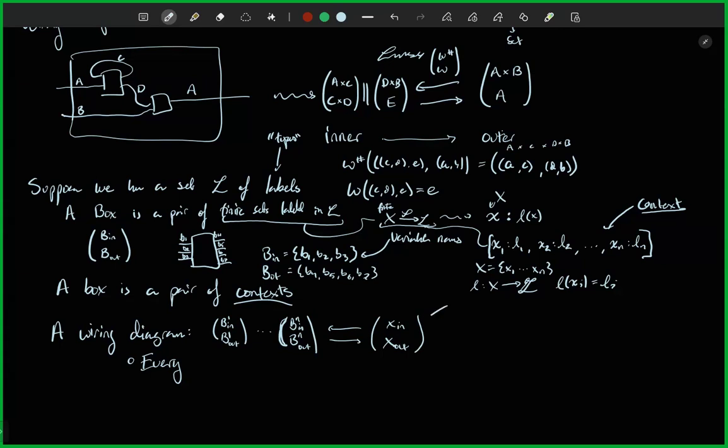So this is the outer box, and these are the inner boxes.